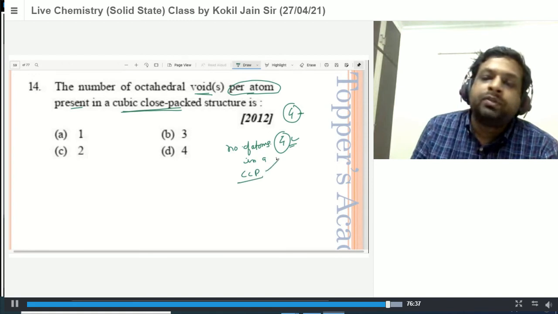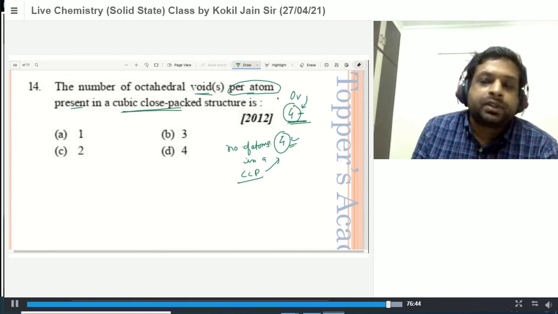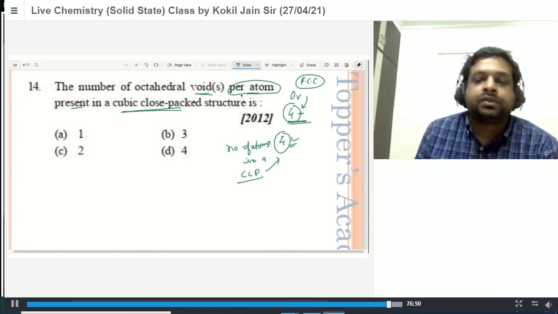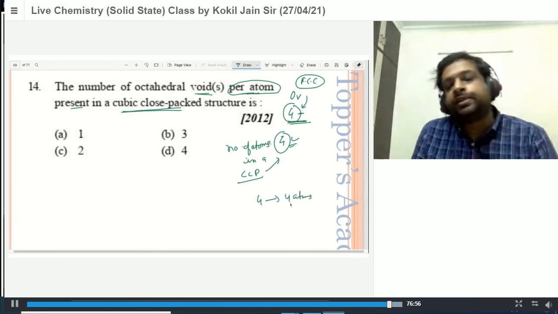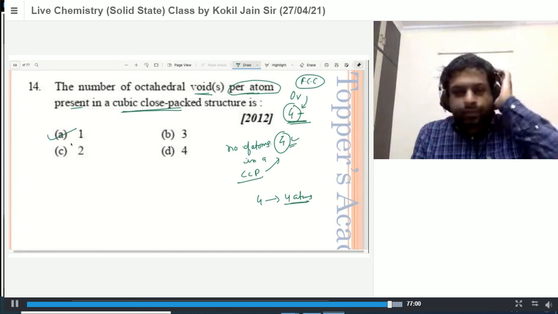Number of octahedral voids we also saw were 4 only, in FCC type of lattice. Now they are saying number of octahedral voids per atom. So 4 octahedral voids for 4 atoms. That means 1 octahedral void for 1 atom here. I hope you understood this one.